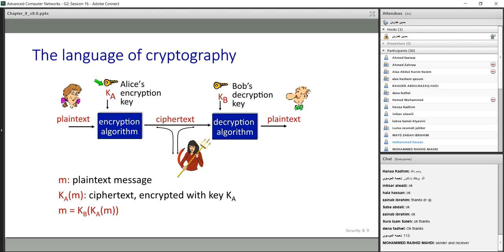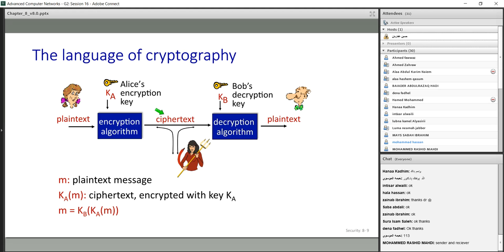Alice and Bob should send their messages into an encryption algorithm. In this algorithm, for example, Alice uses her key, K of A here, key of Alice, to encrypt her message. The result is ciphertext.